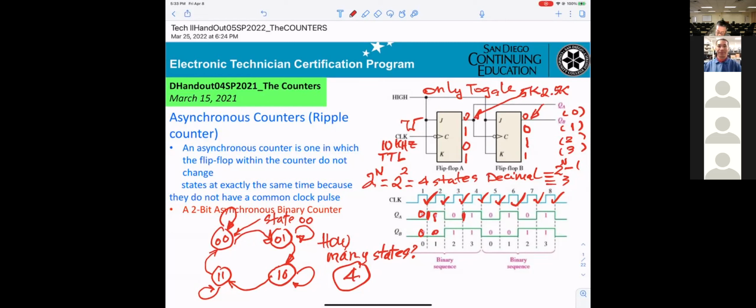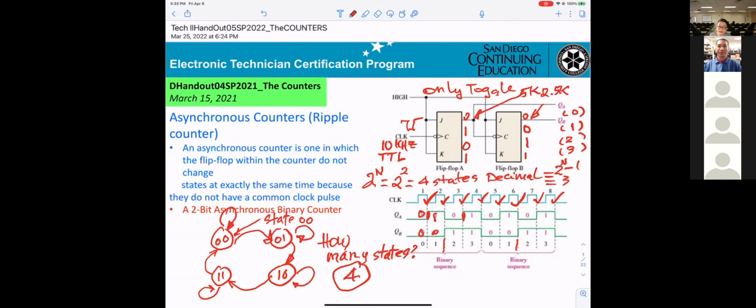And for the next one, you can see the same thing. From here to here, that's the period of QB. And basically QA will be the clock of QB. So that's why they double QA, and that's why it's only 2.5 kilohertz.